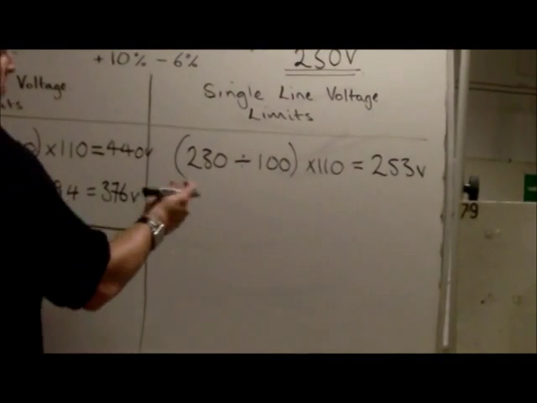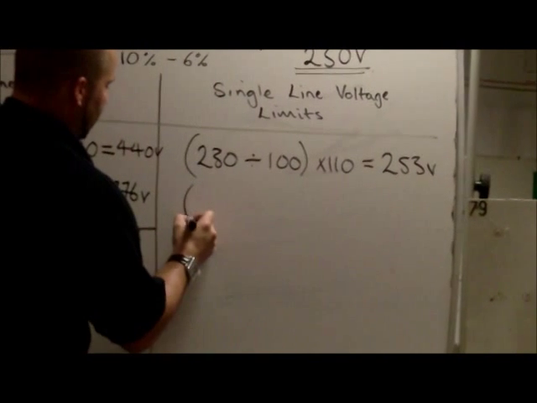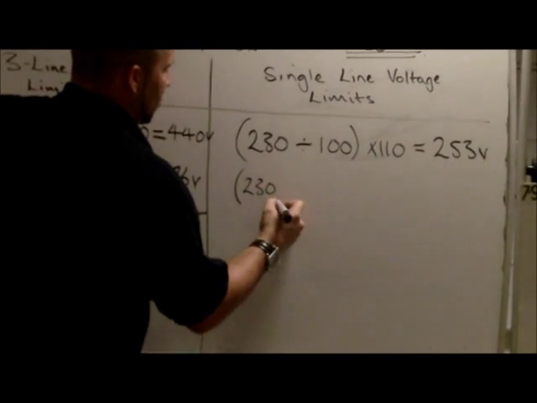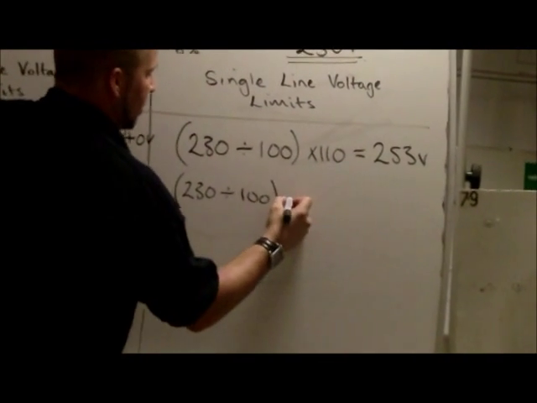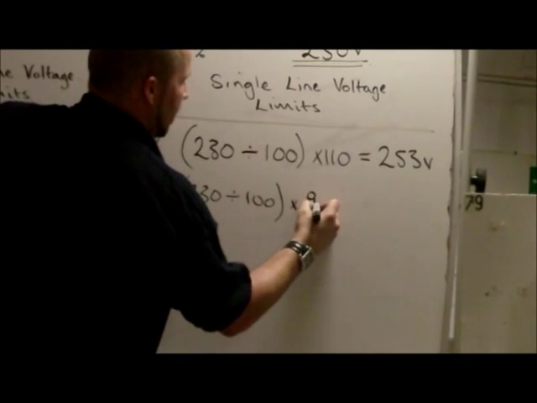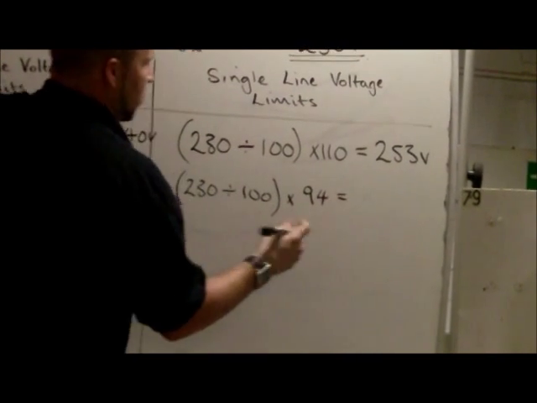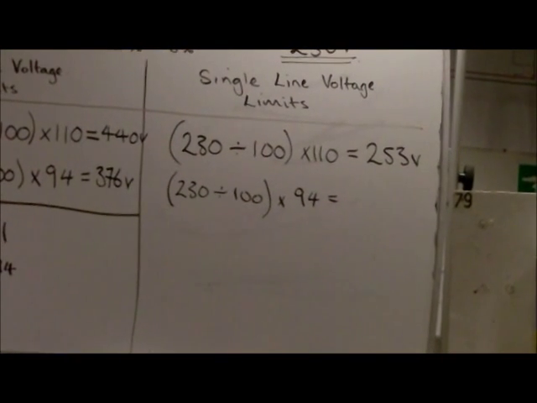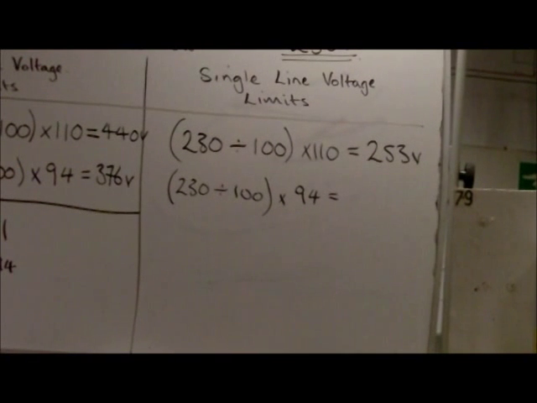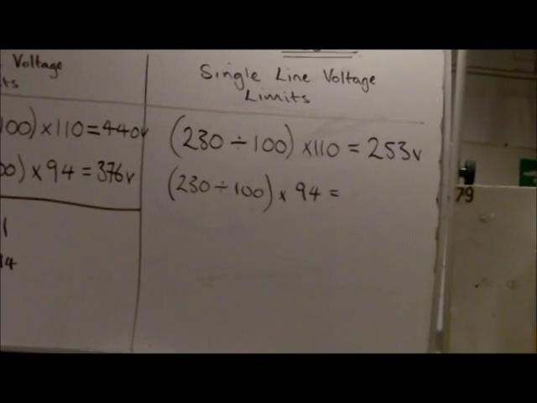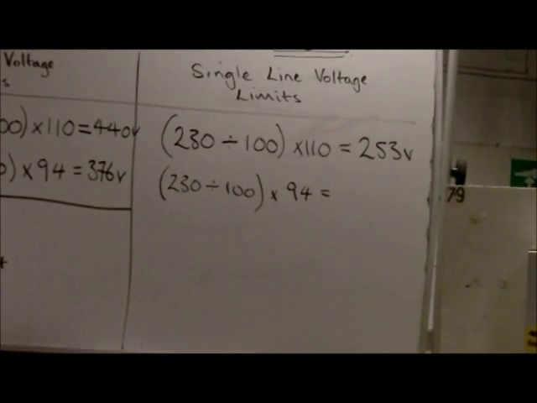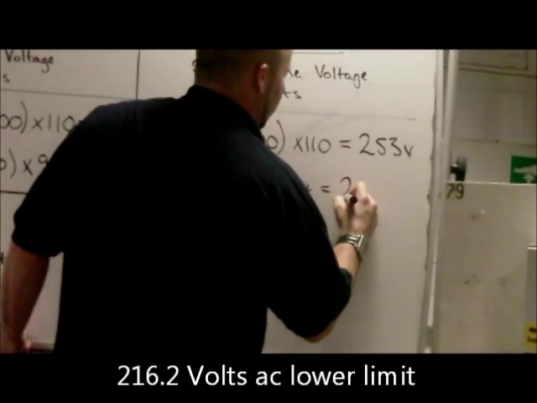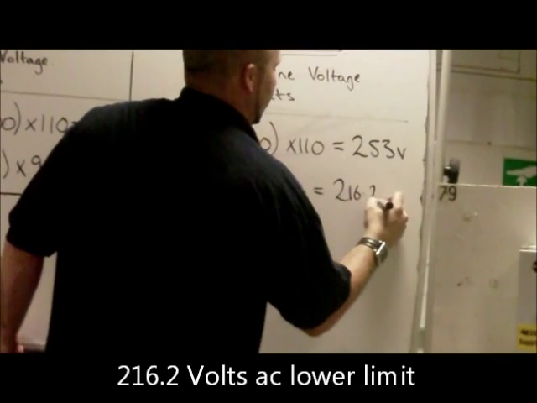The next step is to find the lower limit. So same again, 230 volts divided by 100 times 94 equals 216.2 volts.